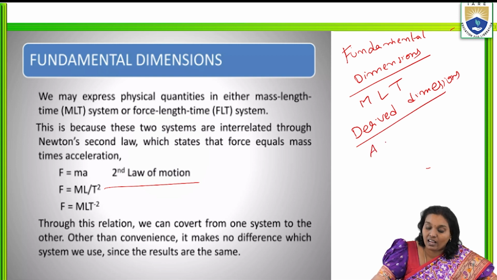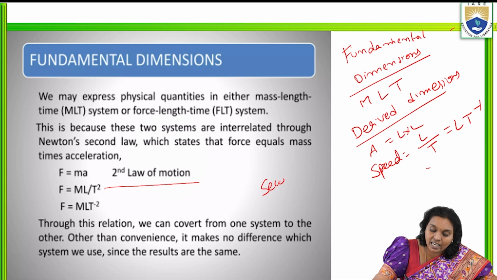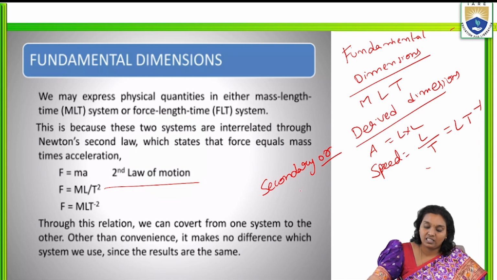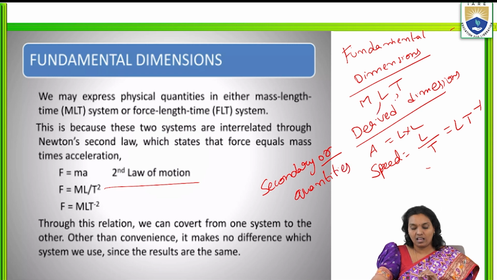Area comes under derived, and so does speed, distance by time, which is equal to L T to the power of minus 1. These are derived or secondary quantities. The fundamental quantities are M, L, T. These three are the fundamental quantities.